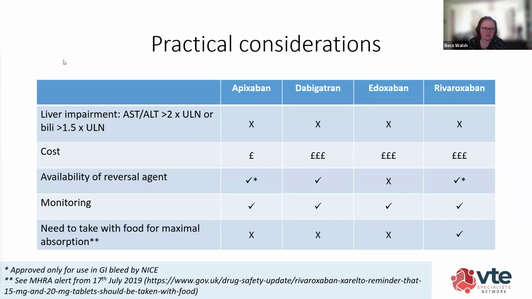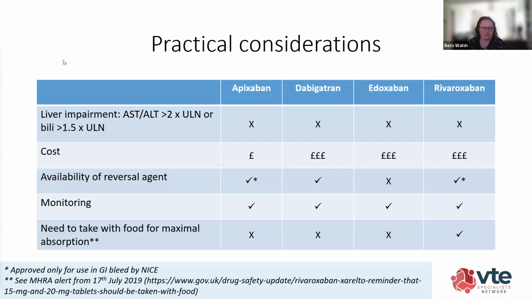Have a look at the SPCs, but basically none of them are recommended in those circumstances. Again, if anybody's got any experience of using DOACs in patients within those clinical parameters, so elevated AST, ALT, or bilirubin, do share it with the chat. And the context as well, that's helpful.